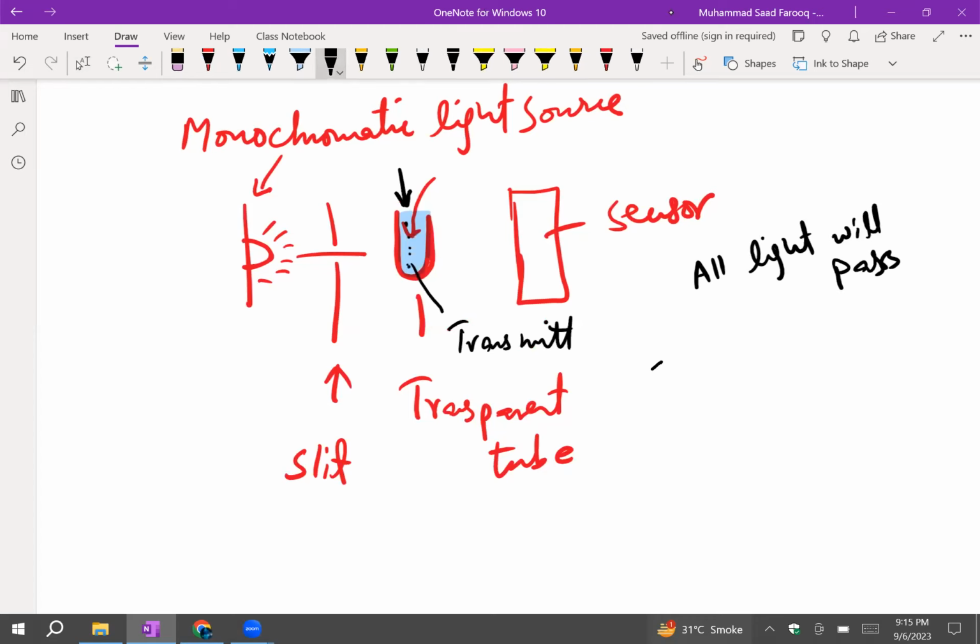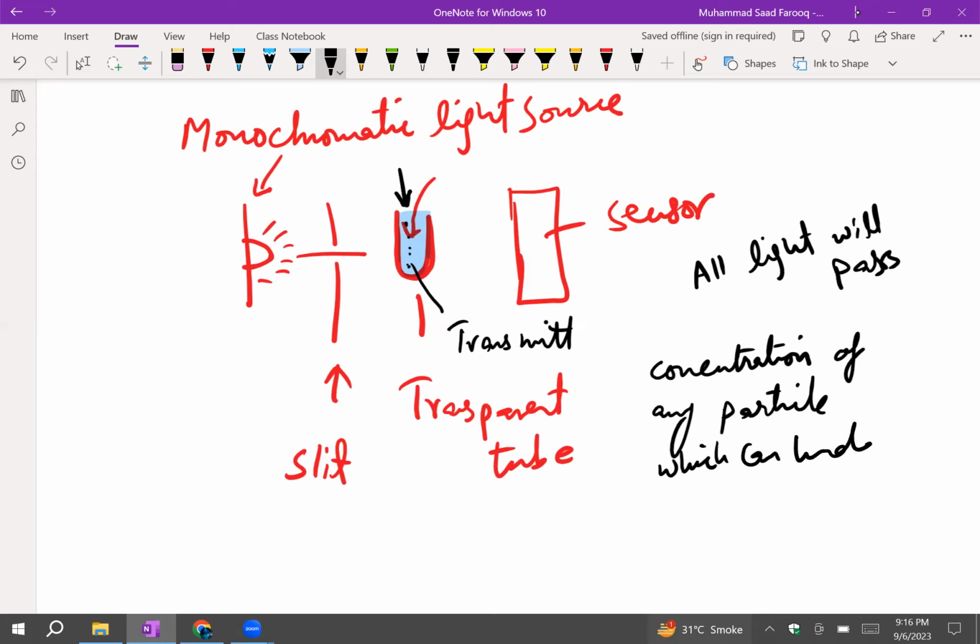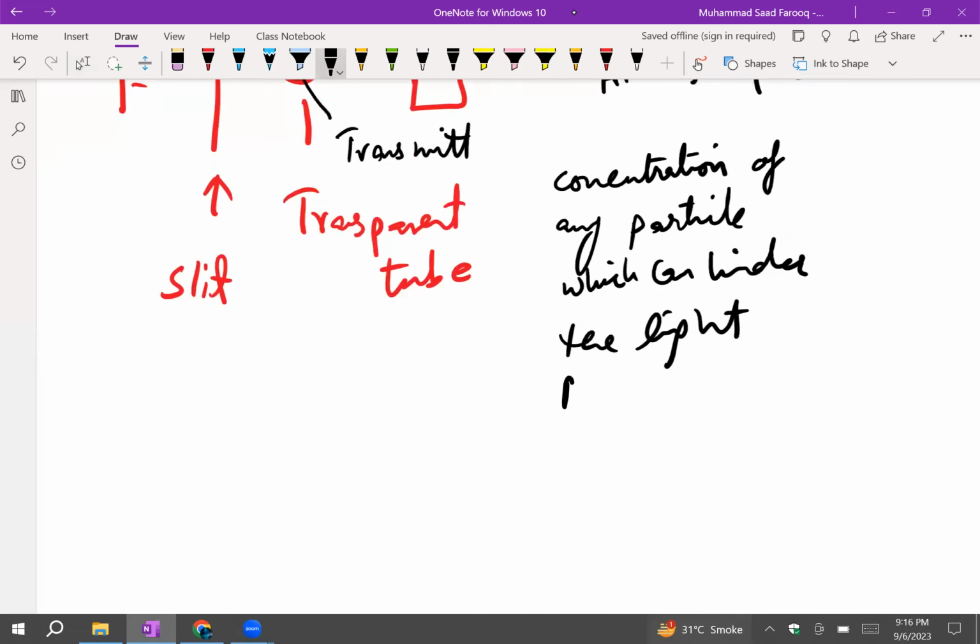So as we increase the concentration of any particle which can hinder the light, absorbance is increased and transmittance is decreased.